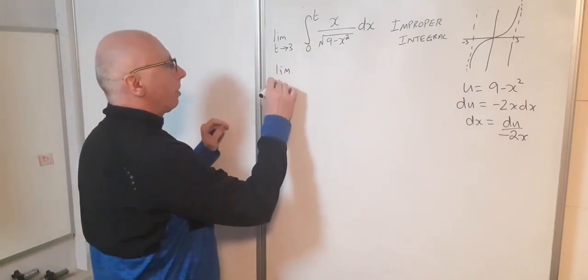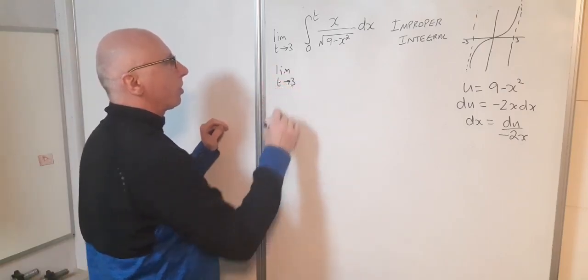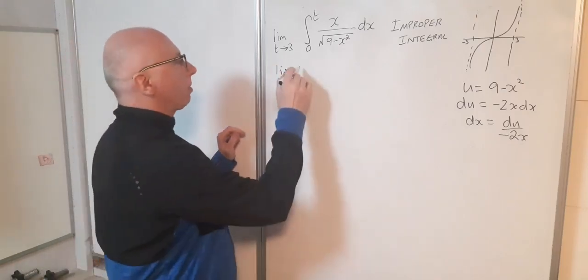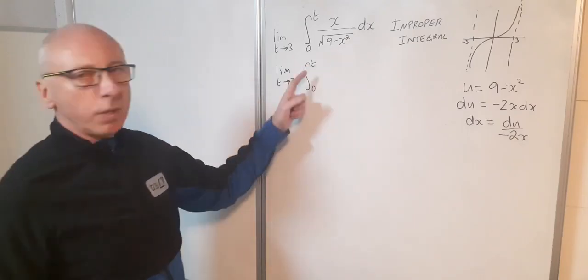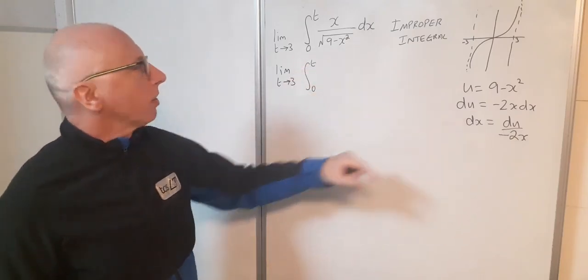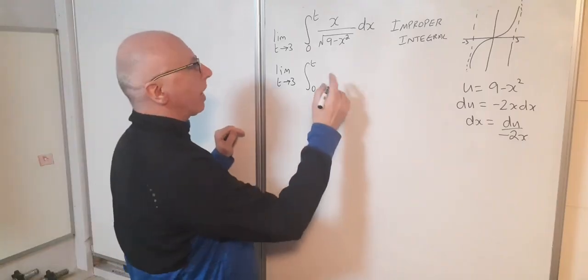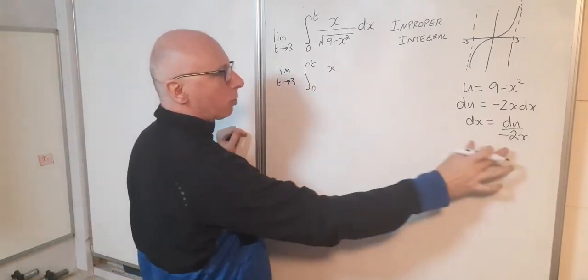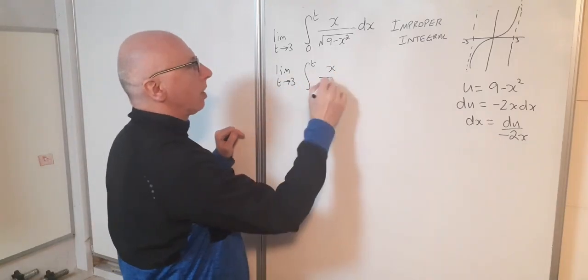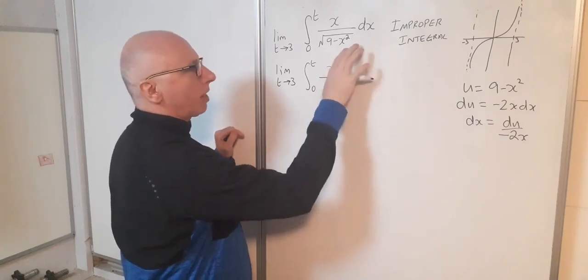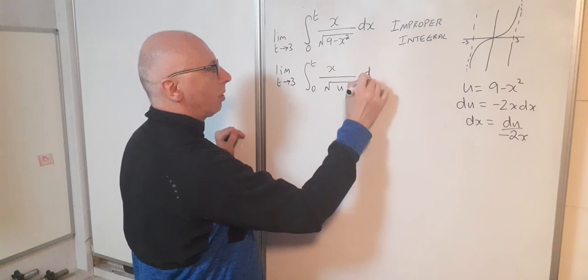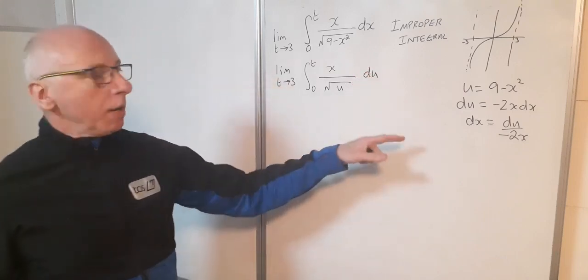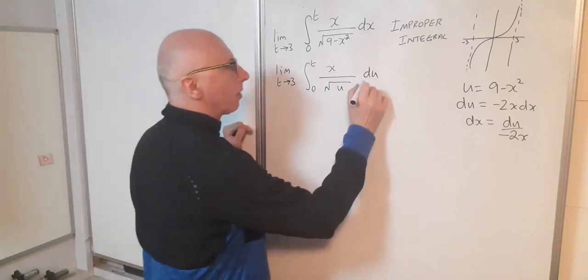So limit as t approaches 3. So the integral is from 0 to t, and then doing our u substitution, let's go ahead with that. So what is x? We just leave it in there at the moment because we can see it's going to cancel out. So then we've got square root of 9 minus x squared, which is the square root of u. We have a du, and then we need to divide by minus 2x.